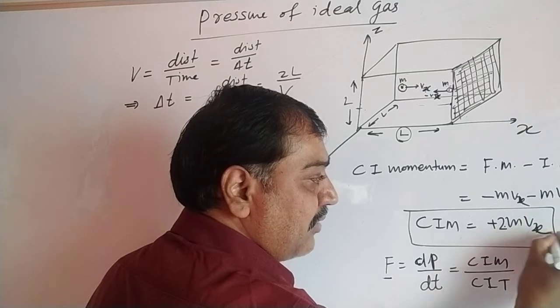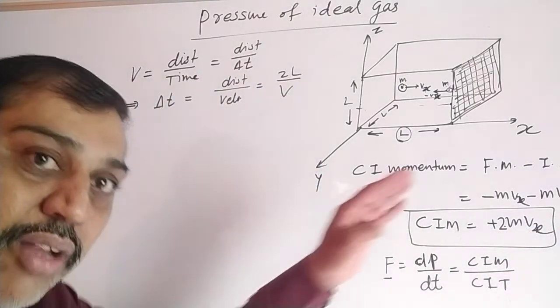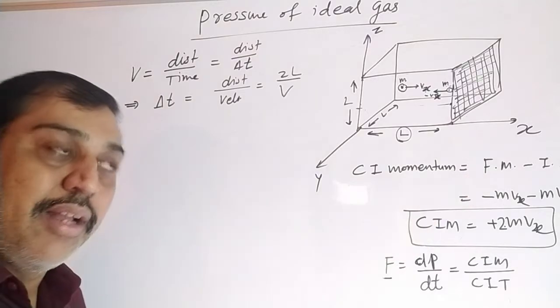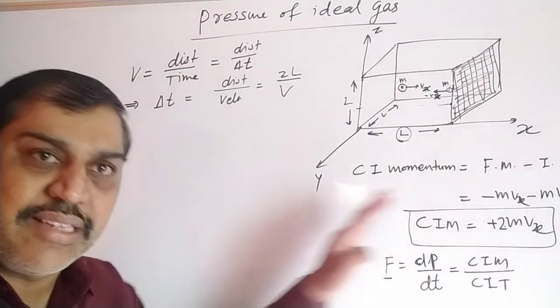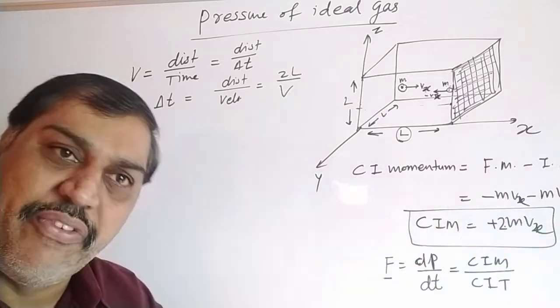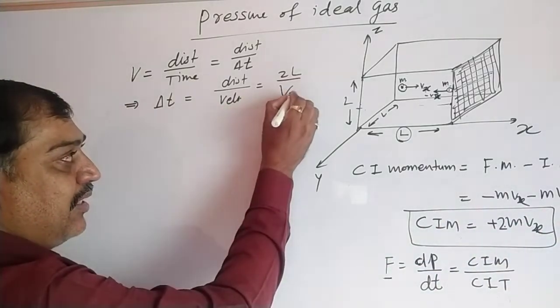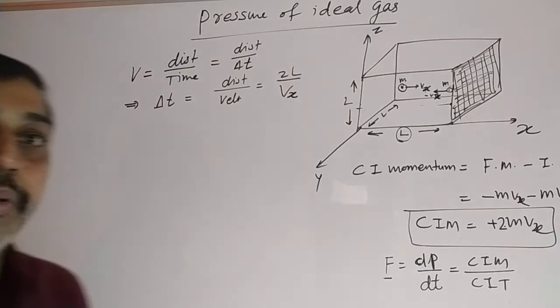It doesn't matter, there is no other difference. Instead of V1 we have taken Vx, meaning the particle is moving along the x-axis with a velocity Vx. So V1 is replaced by Vx. Twice L, as velocity is along the x-axis, divided by Vx. That will give the time.